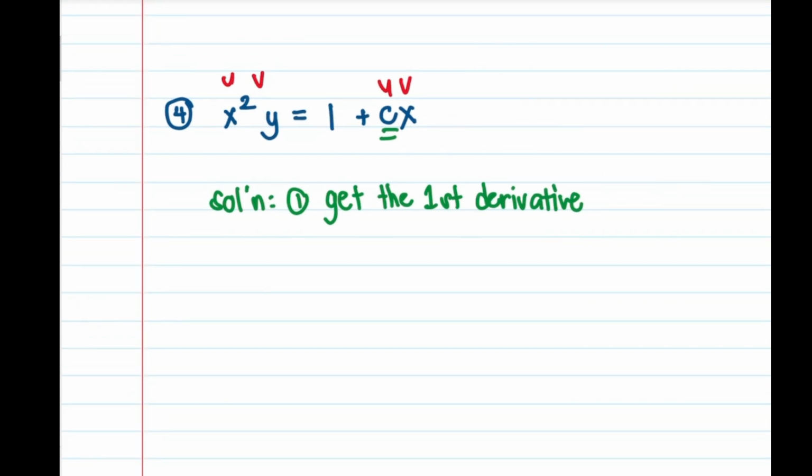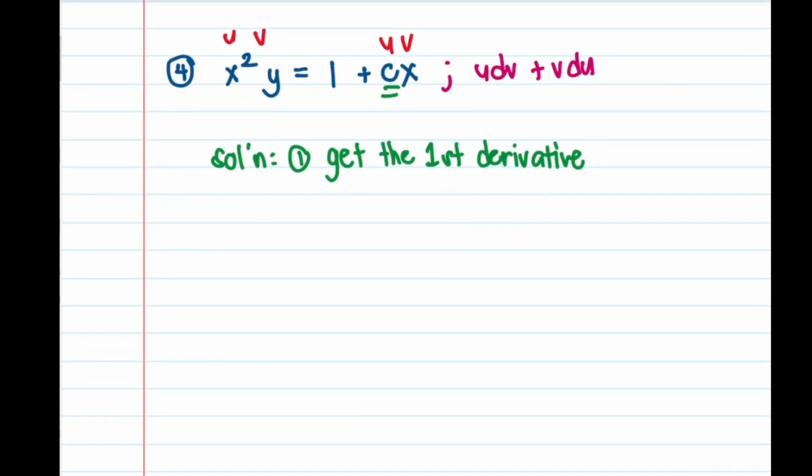So let us recall that u dv plus v du. Okay? So this one will be, u is x squared. Oops, wrong pen. So x squared. The derivative of y is dy, x squared dy plus y multiplied to 2x dx.